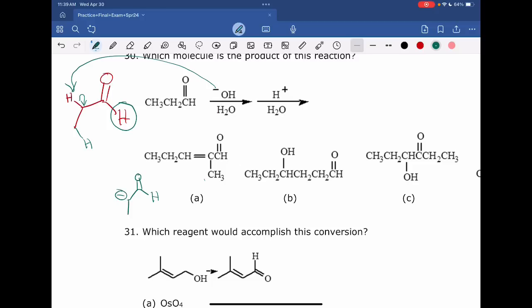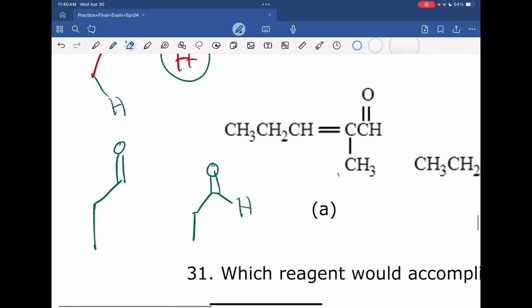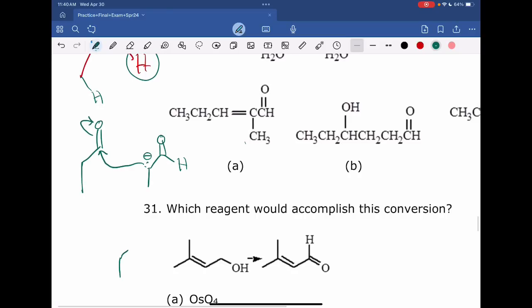Now, in an alkyl reaction, this is going to be your nucleophile, and the electrophile is another one of these, but in its protonated form. So this negative charge is simply going to attack the carbonyl. And you get 1, 2, 3 carbons.